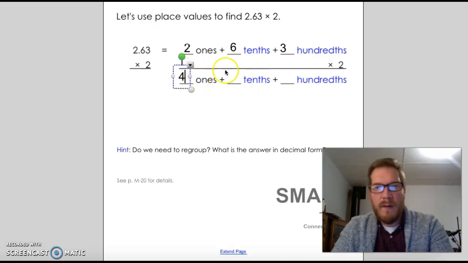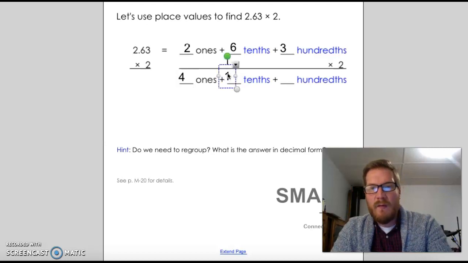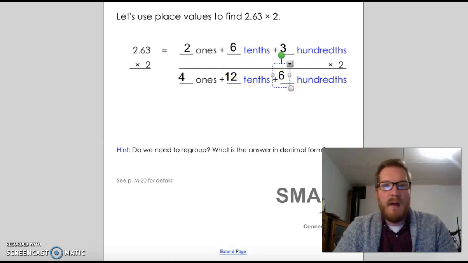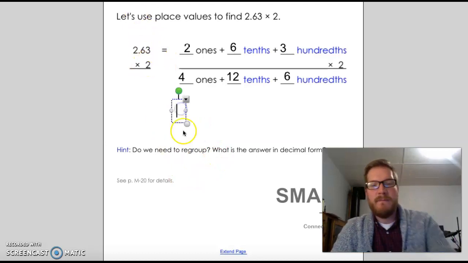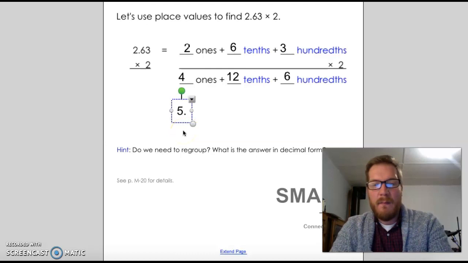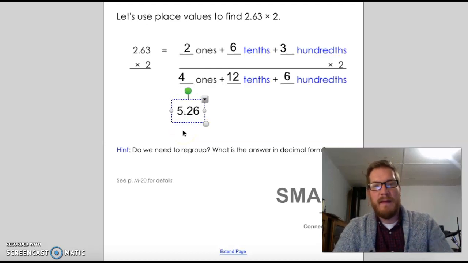And so we can just start following along here. That's going to be 4 ones after we do the multiplication. 6 times 2 is going to give us 12 tenths, and then the 3 times 2 is going to give us the 6 hundredths. Now, you may notice that we have to do some regrouping again. And so every 10 tenths can get regrouped. And so our actual answer, once we've done the regrouping, is going to give us 5.26.